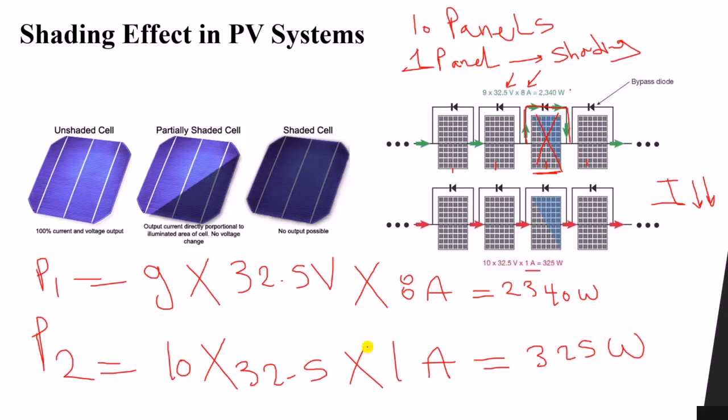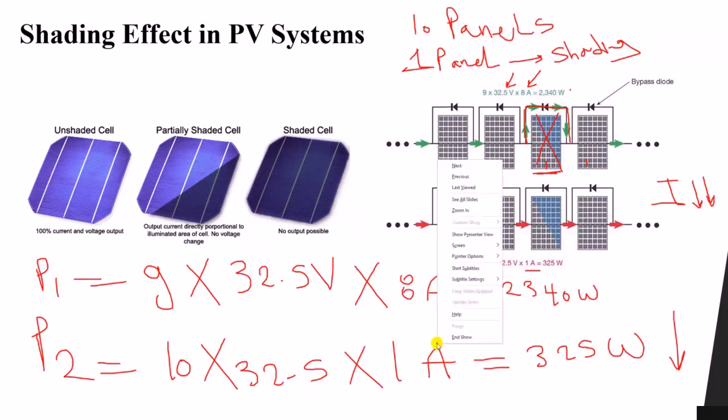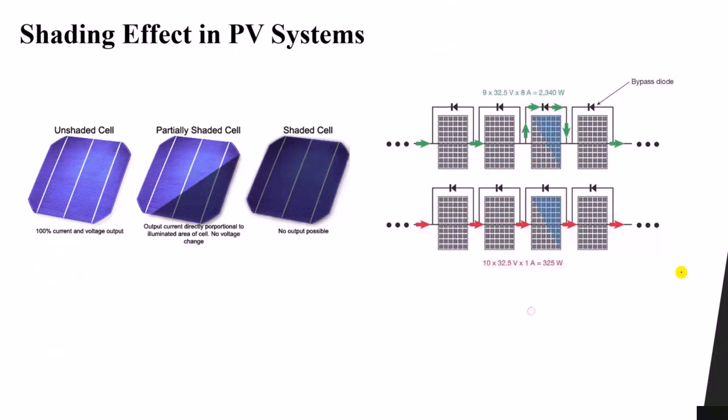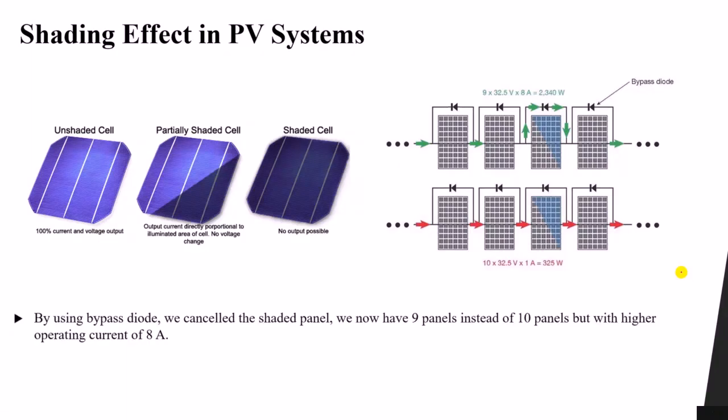So you can see that when we don't have a bypass diode, the total power coming from the panels will be reduced compared to the presence of a bypass diode. Why is this? Because the panel which has a shading effect leads to a reduction in our current. By using a bypass diode, we cancel the shaded panel.